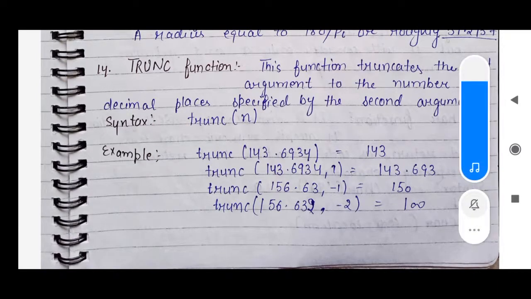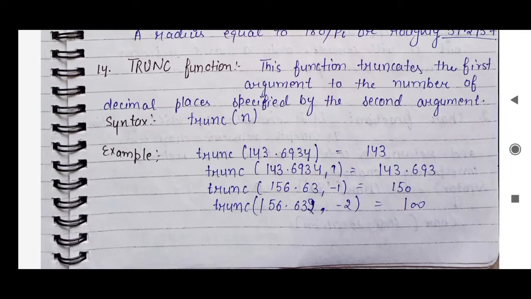If you want to cut only one digit from the right side, what it will do is simply cut 4 and return the resultant answer. So what this truncate function does is cut the digit that we want. If we want to cut only one digit after the decimal places, it will simply cut it like this. So this is the use of this truncate function.